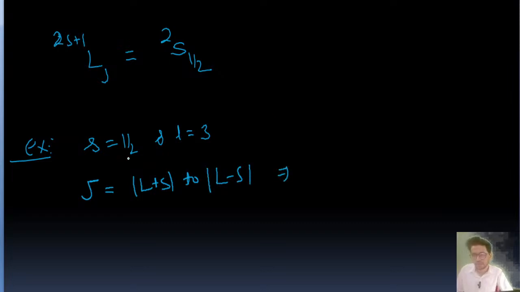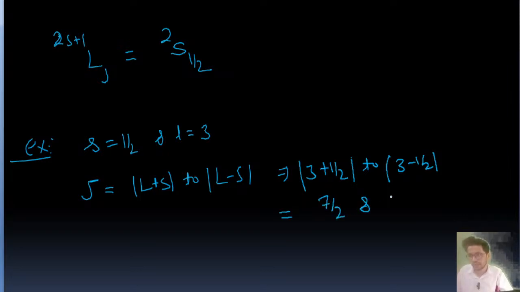So L plus S means 3 plus half, to mod of 3 minus half, right? So these J values are going to be 7 by 2 and 5 by 2, right?